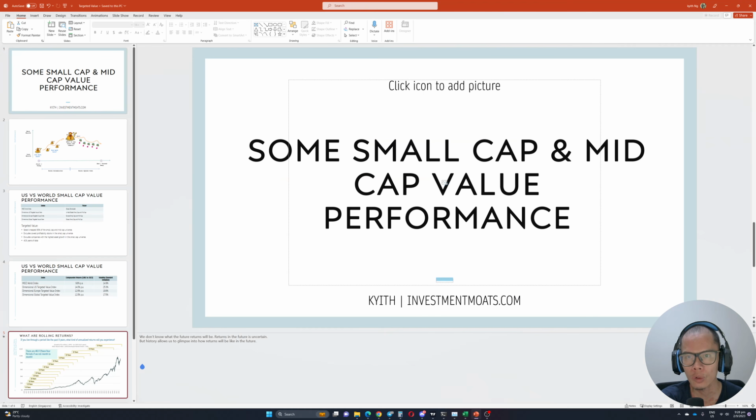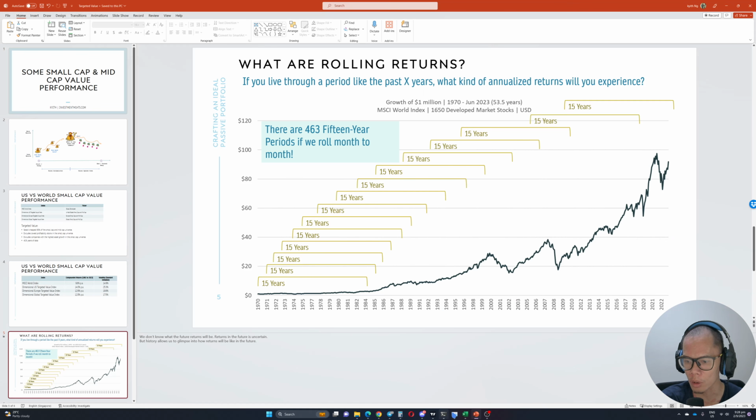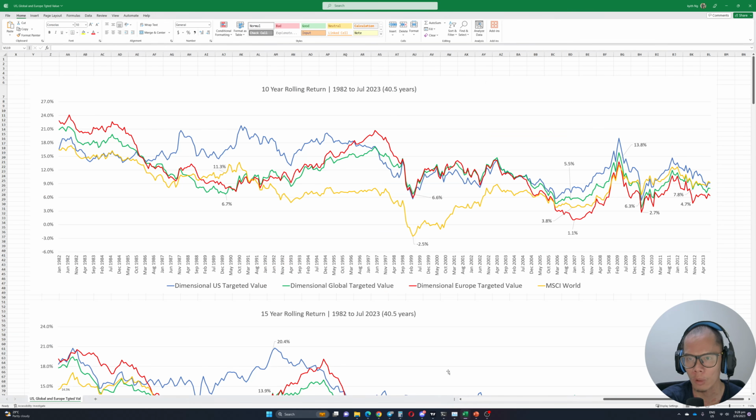And we're going to switch over to my spreadsheet over here. This is where the data is. Okay, so what you're seeing over here is a chart of 10-year rolling returns for the four indexes that we mentioned: MSCI World, Dimensional Europe Targeted Value, Dimensional Global Targeted Value, and Dimensional US Targeted Value. And this is 10-year rolling returns, which means that each point over here on this line is a 10-year return.